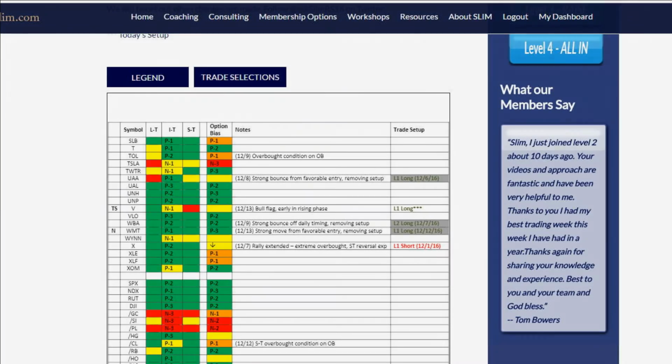One of the enhancements that we've added here is our trade selections. And this is just absolutely great because our philosophy is that we don't give trades. What we do is share our analysis, as you can see, and then give what we call our trade selections so that you can choose out of them what might be the best strategy for you.